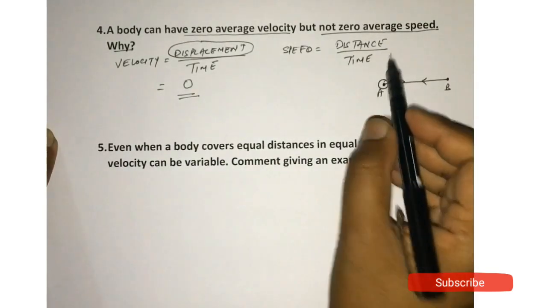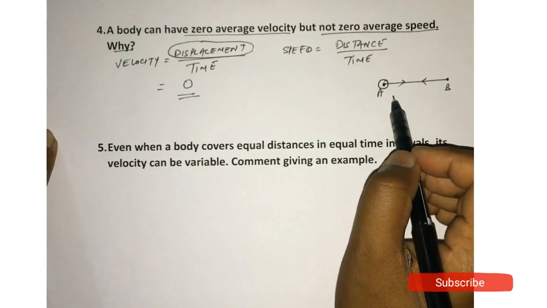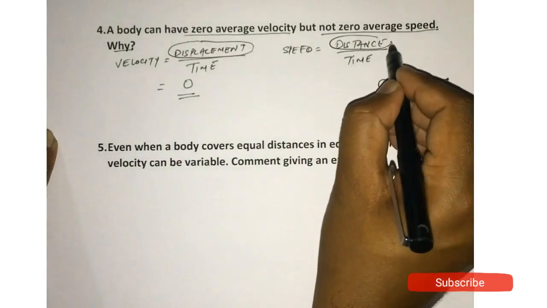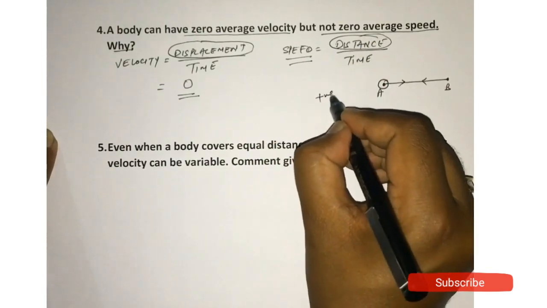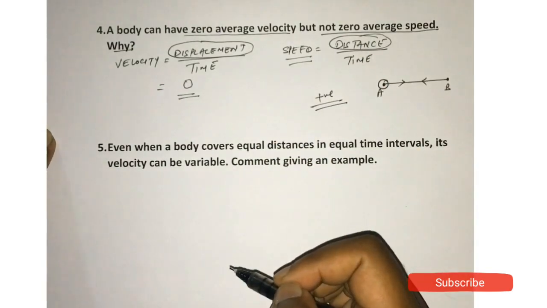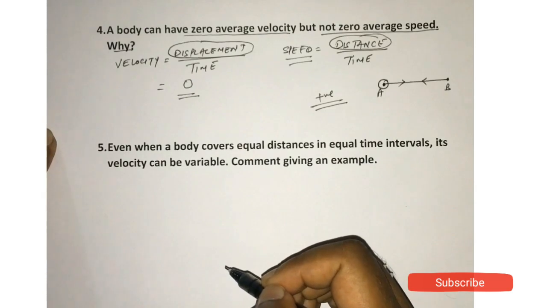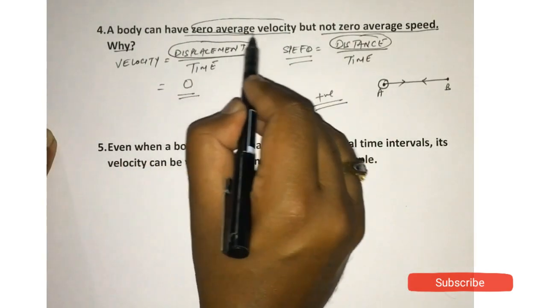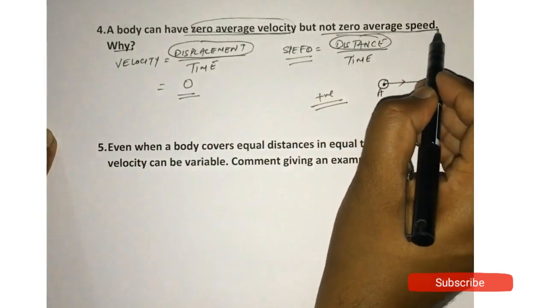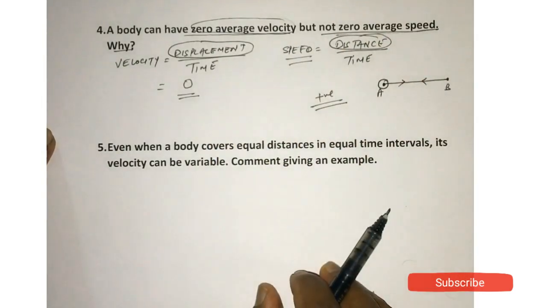But distance is the total path covered by the body, so distance is not 0. So average speed is positive. Positive means it is a non-zero quantity. So a body can have zero average velocity but not zero average speed.